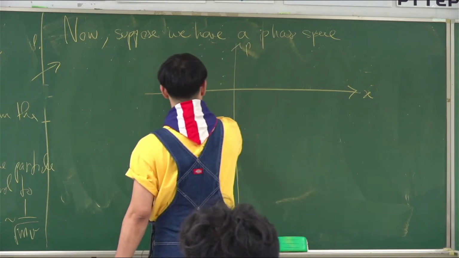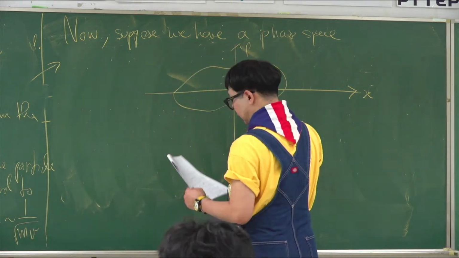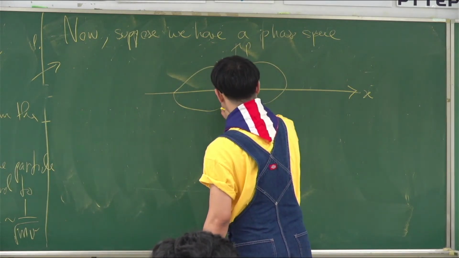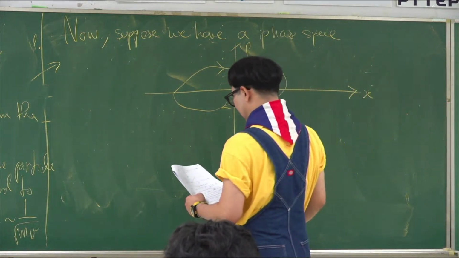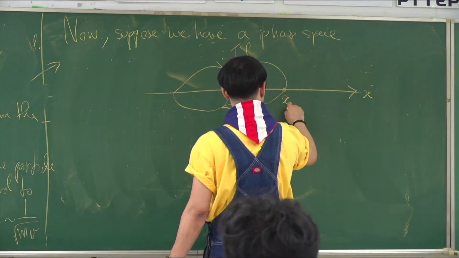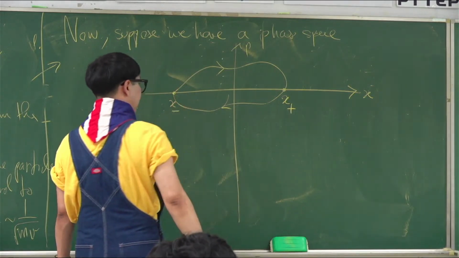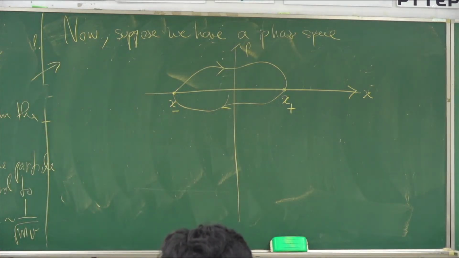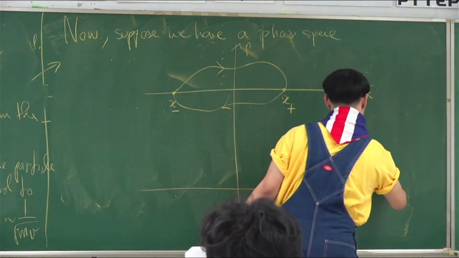This is your trajectory, your system on phase space, and this point you call x plus, and this point you call x minus, right here, which is actually what you plot.